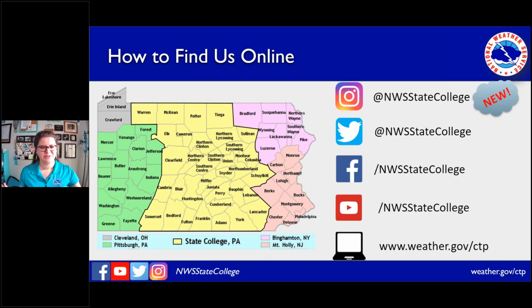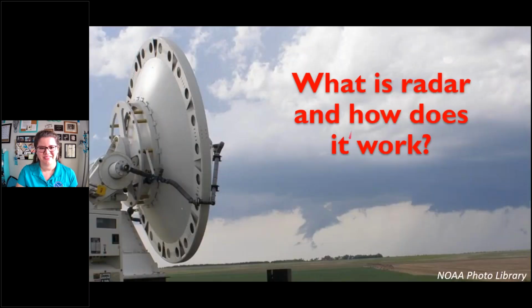But no matter where you're tuning in from today, if you want to use this training to take back with you home, if you're not in Pennsylvania, or if you're in a different part of Pennsylvania that's not central Pennsylvania, this is transferable everywhere. So don't worry about, I'm not in central Pennsylvania, I don't know if this will count. It will count, don't worry about that. So I'm just happy to have you on board and learning about radar with us.